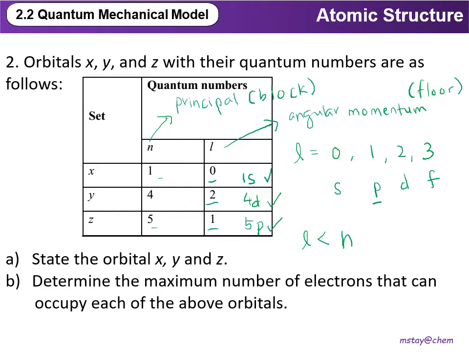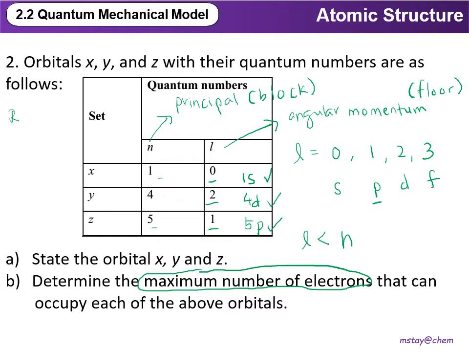Next, we want to determine the maximum number of electrons that occupy each of the above orbitals. After we know the block and the floor, we need to know how many rooms each floor has.